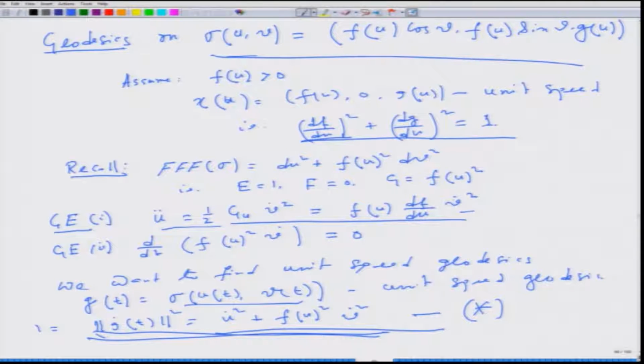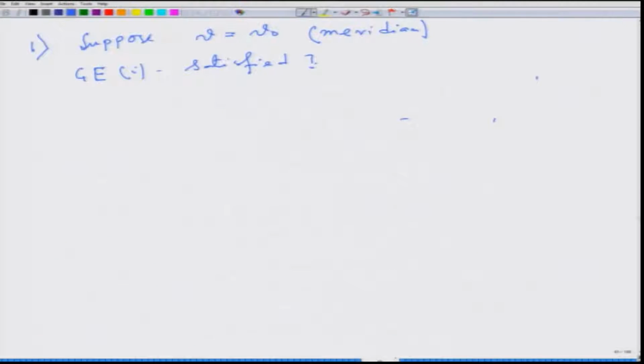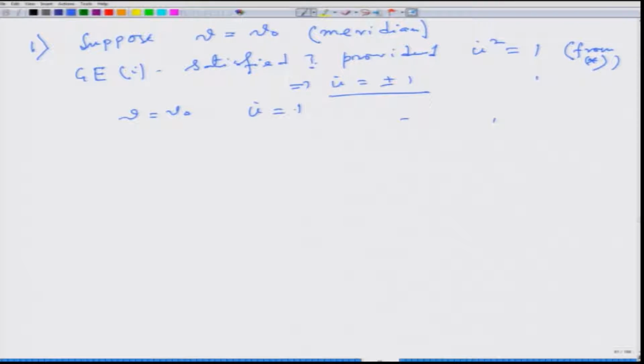So I have u double dot equal to 0 and u dot squared equal to 1 from star, that is u dot equal to plus or minus 1.